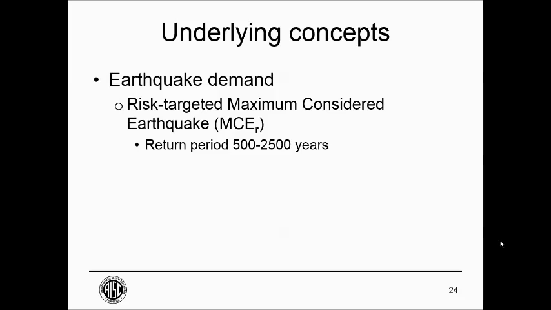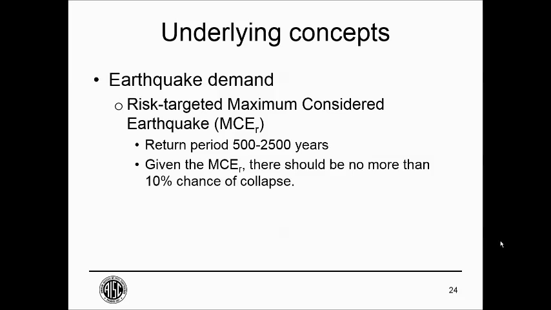So we're not designing for a uniform hazard. We are designing, though, for an acceptable probability of collapse. Now, the definition of the MCE sub R is, given this level of ground motion, given this earthquake, there should not be a greater than 10% chance of collapse for something designed according to the rules of the code.